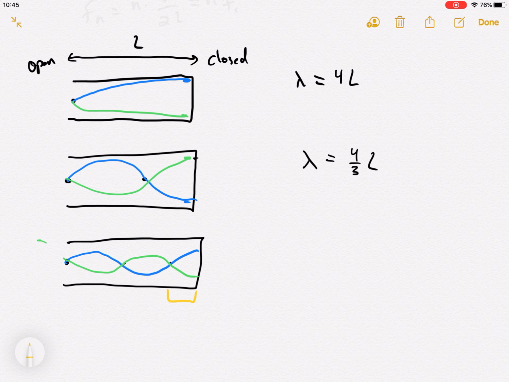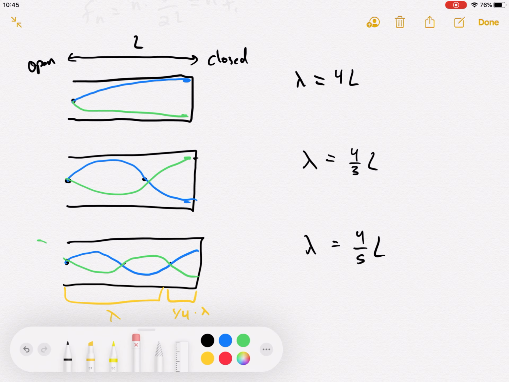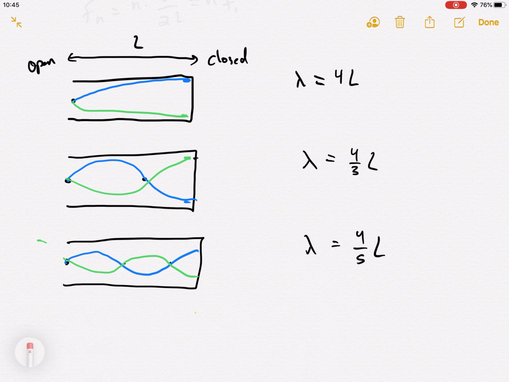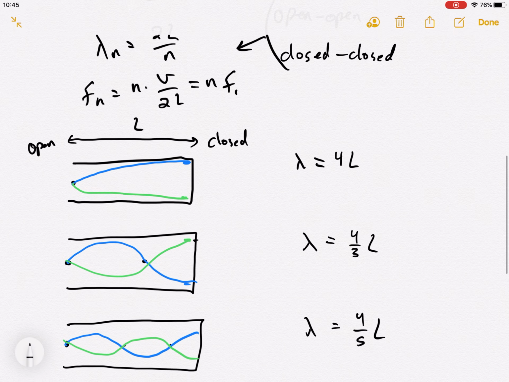Because this much is a quarter wave, and this much is a whole wave. So the total L equals lambda plus a quarter lambda, which is 5/4 lambda, which means that lambda equals 4/5 L. And you might be able to see the general rule, but we'll do one more, and then we'll write the general rule for this. Okay, so one more.